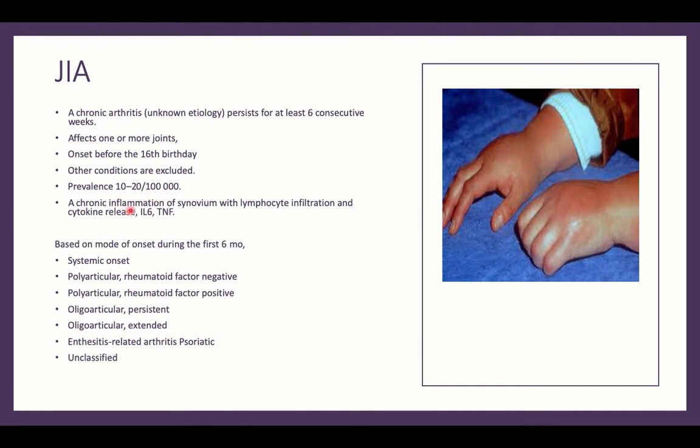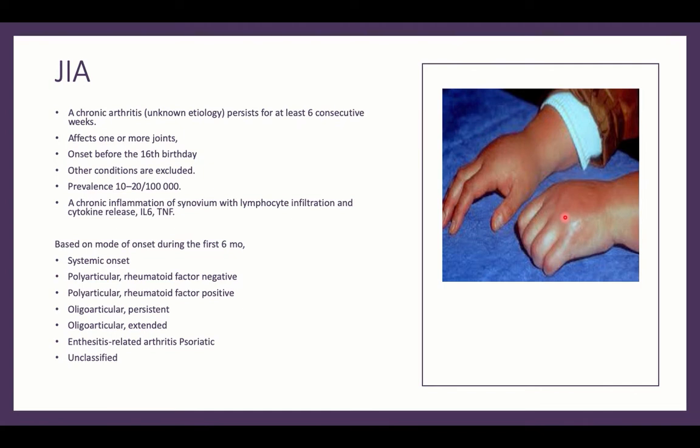It is a chronic inflammation of the synovium with lymphocyte infiltration and release of cytokines. These cytokines include interleukin 6 and tumor necrosis factor. So we have arthritis, and by arthritis we mean that we have swelling, hotness, redness, and limitation of movement of the joint. These are the defining criteria of arthritis.